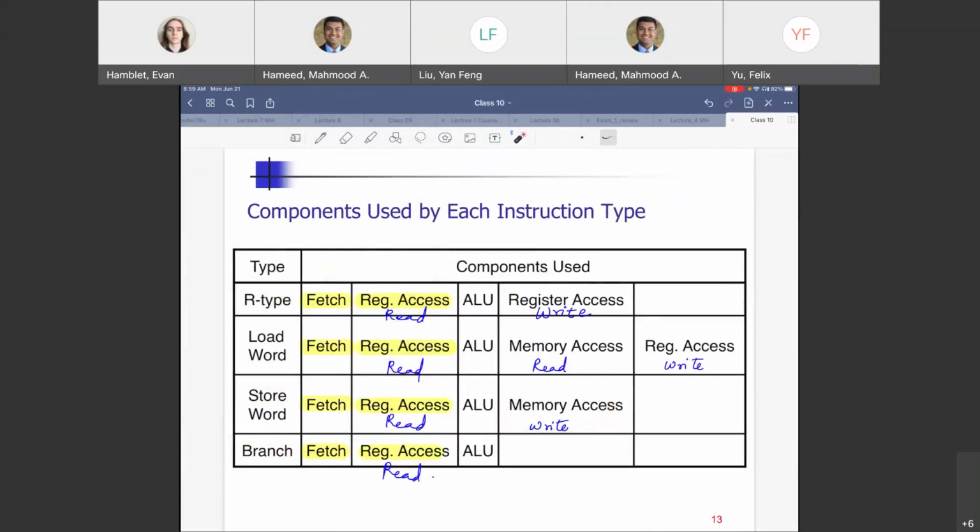So what all of this means is that, depending on the type of instruction, your delay is different, because each of these stages corresponds to a delay. We have talked about delay through memory, through the ALU and adders, and through the register file. We have associated a different delay with each component.